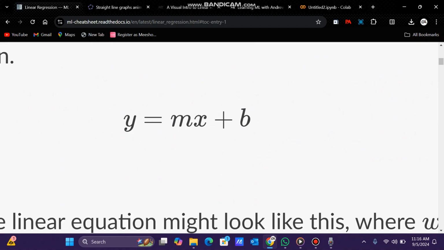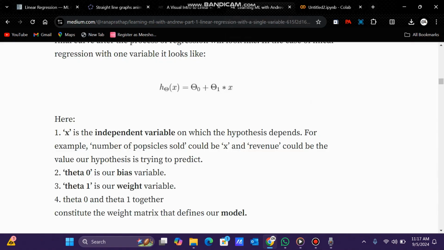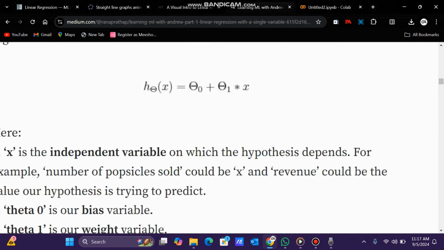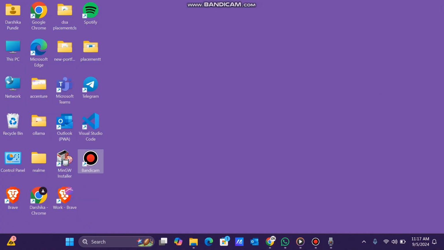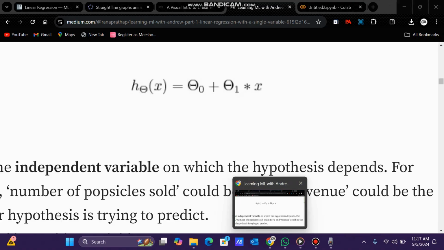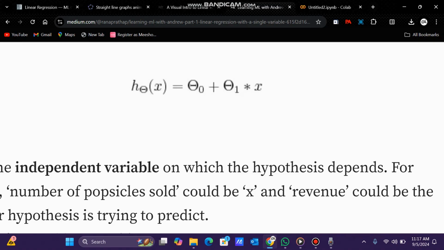I told you that the equation is y equals mx plus b. It's a simple equation, but our teacher Andrew Ng teaches it in another language. He's not teaching any alien language, but there is a term called hypothesis. You might have heard this from your professors. Hypothesis: theta naught plus theta 1 x.